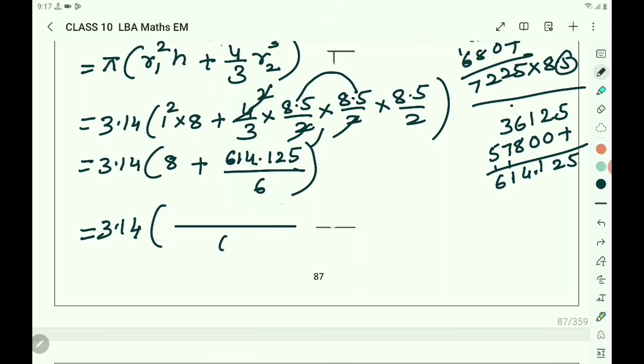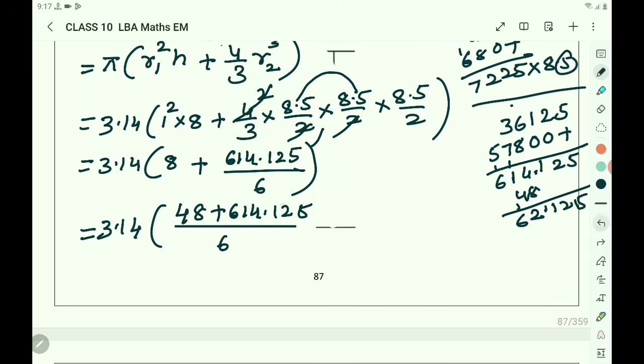LCM is 6. Then 8 6s are 48. Plus 614.125. Let us add 48 to this. That is 125 as it is. 8 plus 4, 12. 1 carry. 4 plus 1 plus 1, 6.